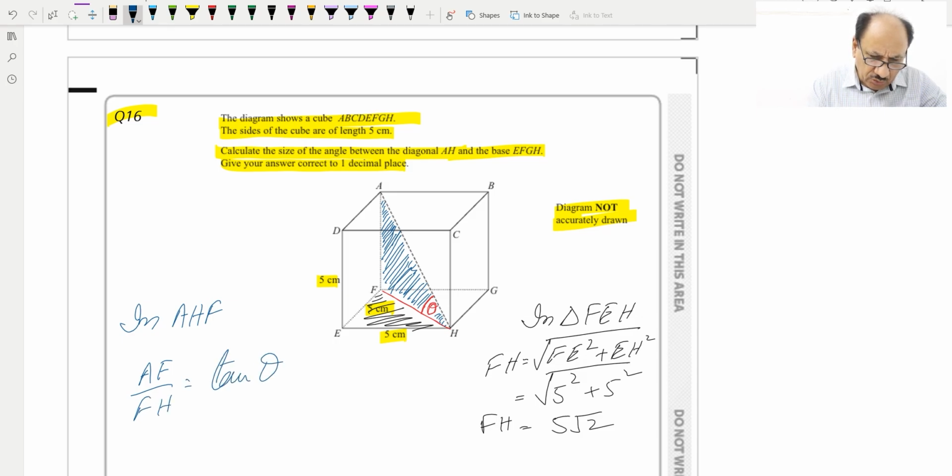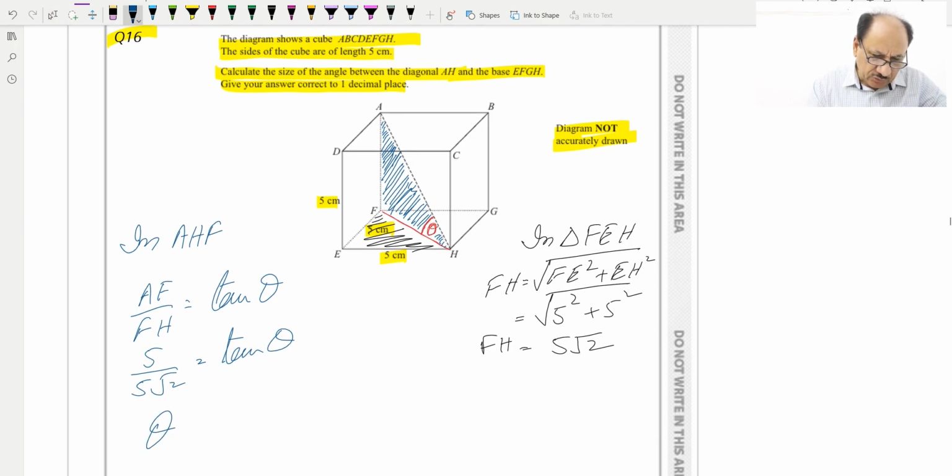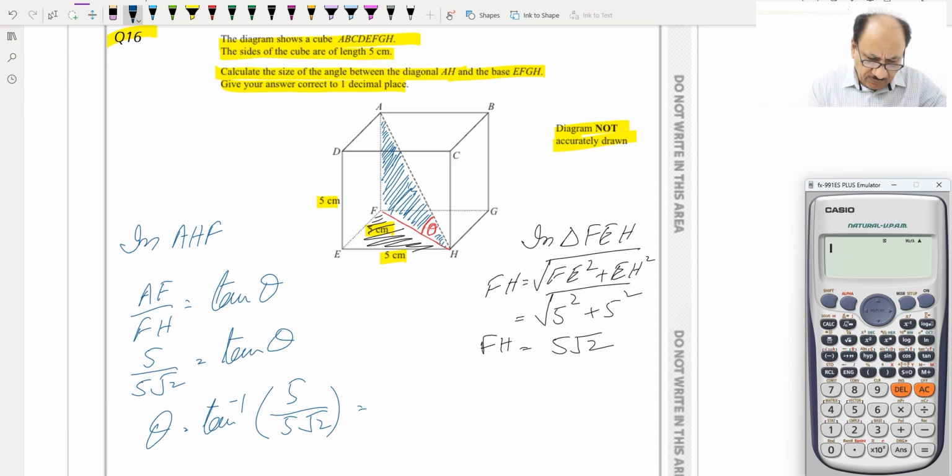Opposite is 5 centimeter and FH is 5 under root 2, which is equal to tan theta. Theta will be equal to tan inverse of 5 over 5 under root 2, equal to shift tan of 5 over 5 square root of 2, and this is basically 1 by under root 2, but I'm writing it for your understanding.